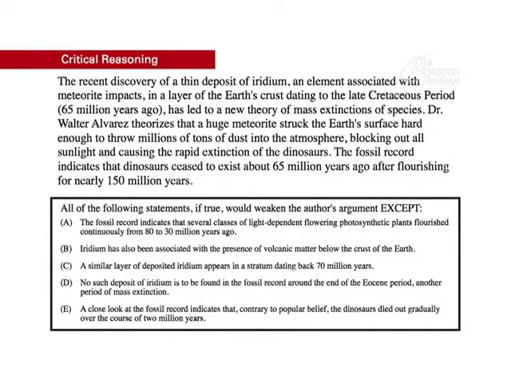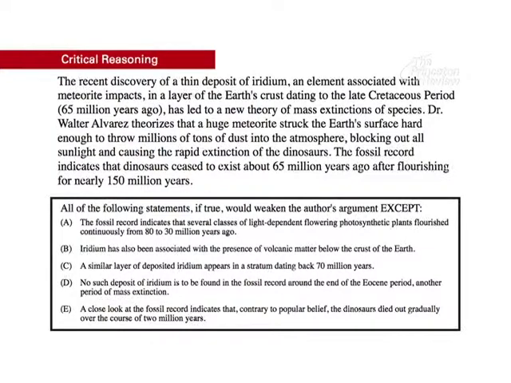A. The fossil record indicates that several classes of light-dependent flowering photosynthetic plants flourished continuously from 80 to 30 million years ago. B. Iridium has also been associated with the presence of volcanic matter below the crust of the Earth. C. A similar layer of deposited iridium appears in a stratum dating back 70 million years.